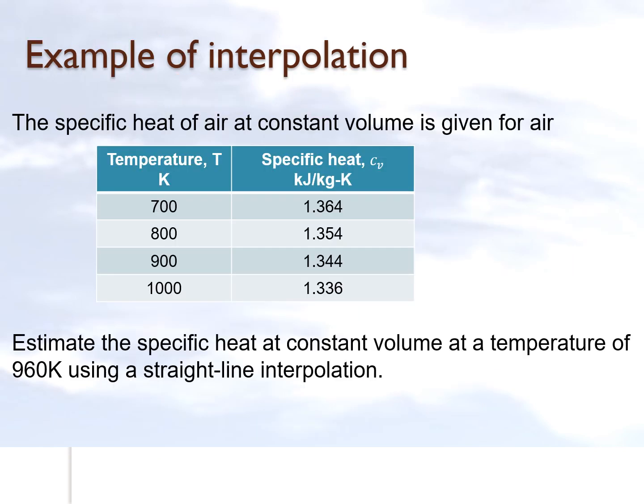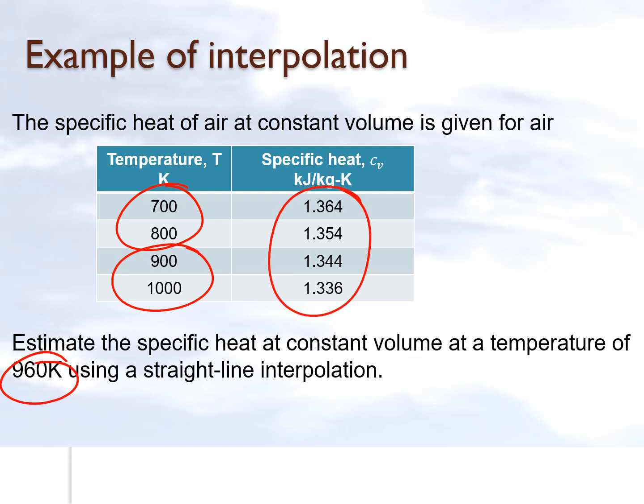So let's look at this example where specific heat of air is given at a constant volume, and these are the temperature values, these are the specific heat values, and you're asked to find out what the value of the specific heat is at 960 K. The first thing you have to do is choose the two closest points, which are these two in this case, and these will be the corresponding specific heat values and temperatures. You would assume that it's a straight line between these 2 points, and then find out the corresponding specific heat.